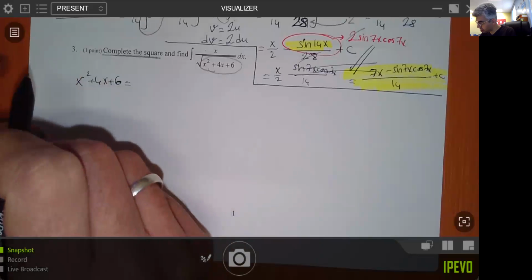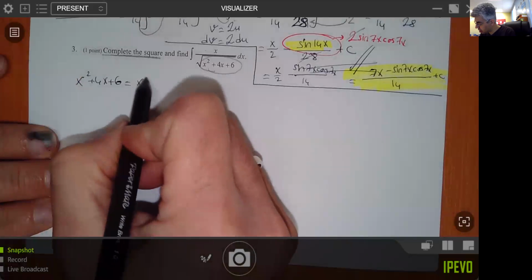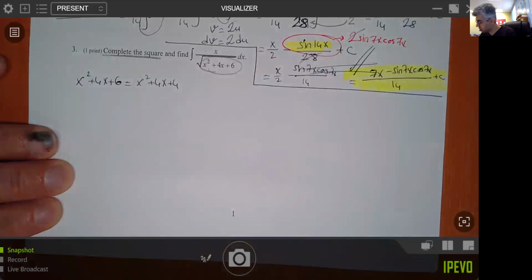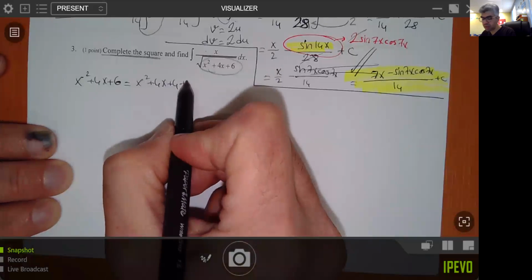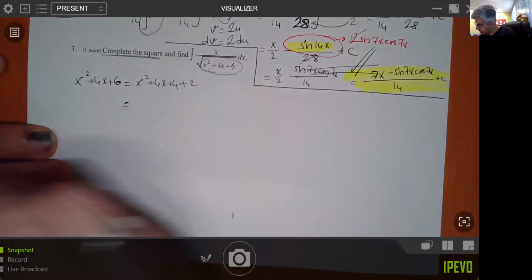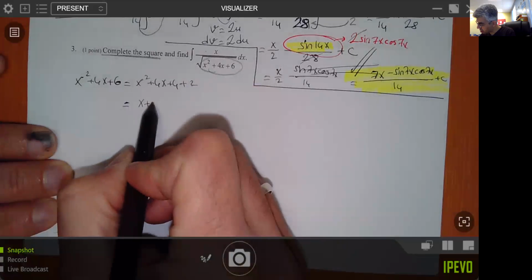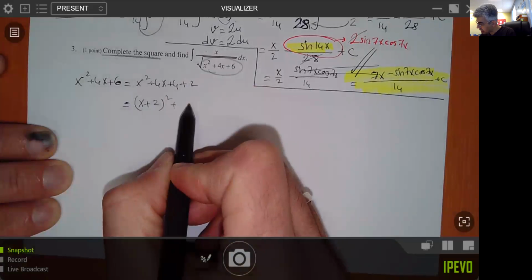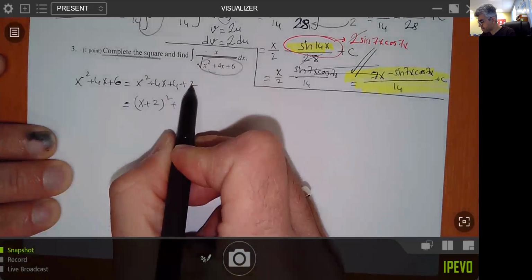How can I write it as? I see here the x squared plus 4x plus 4, and then plus 2. Then this can be written as x plus 2 parenthesis squared plus that 2.